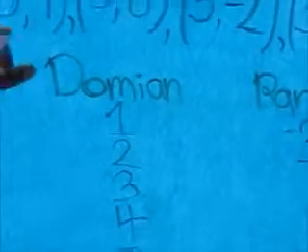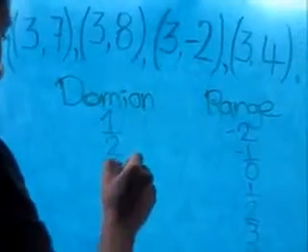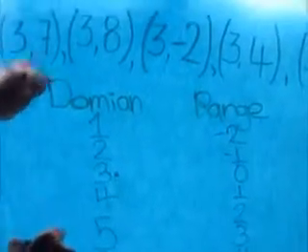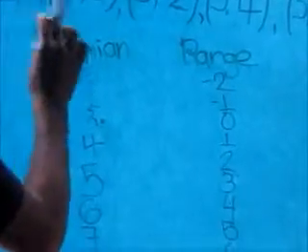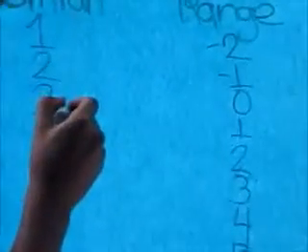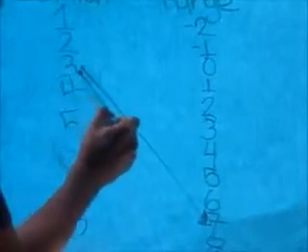So we pass here to the graph. We first put a dot on the first number, that is 3, and we draw an arrow to the second number, to the range, that is 7 in this case. Again from 3, but now to 8.